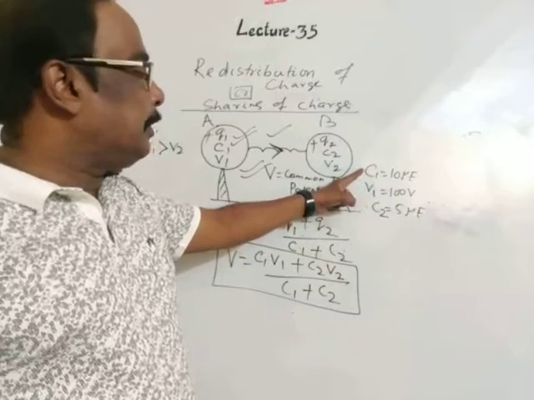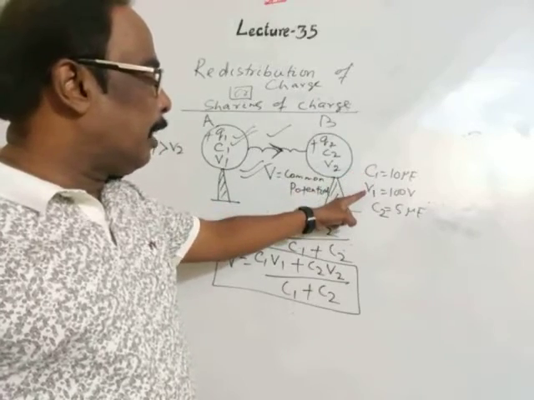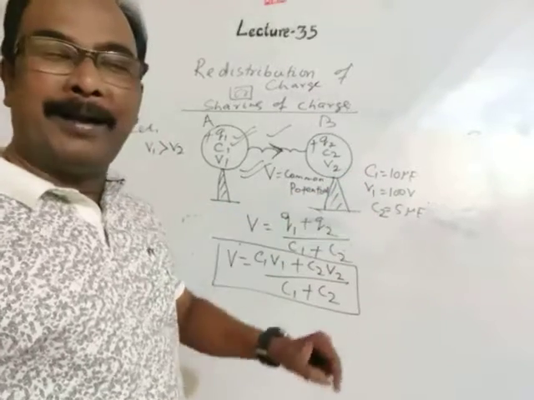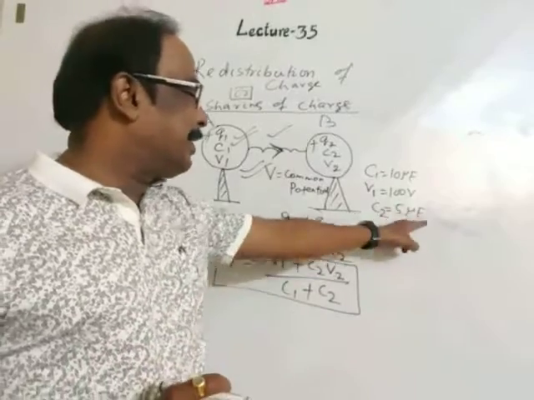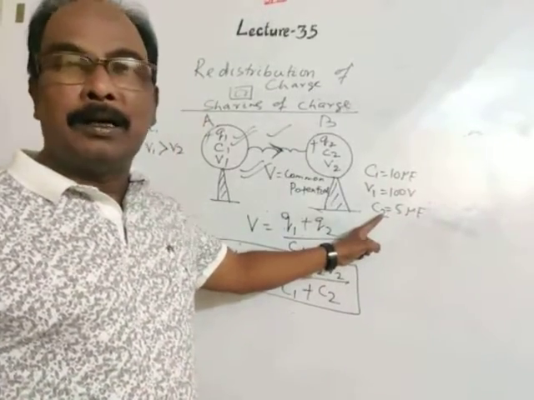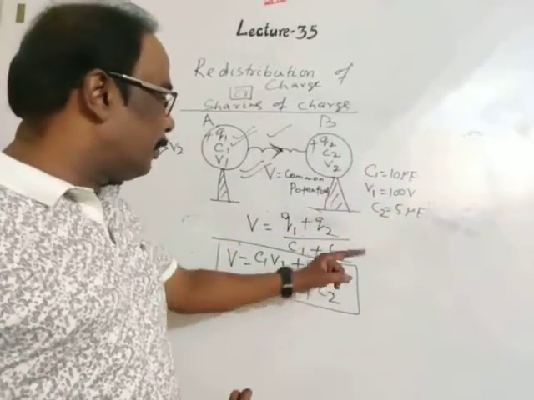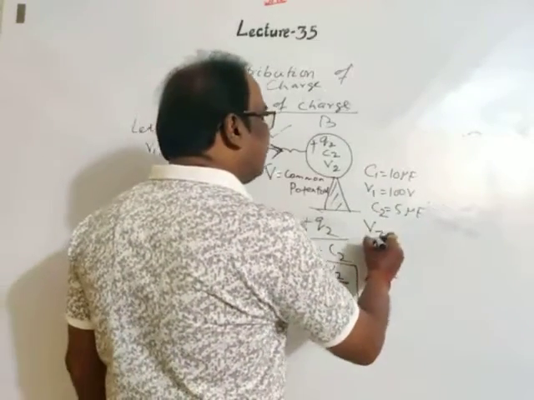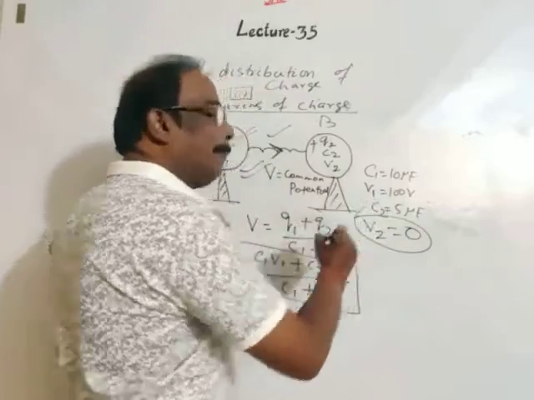The first capacitor is charged and the second capacitor is uncharged. Then find common potential. In that case, you will take V2 is equal to 0.